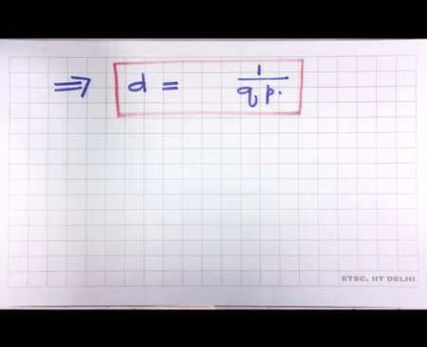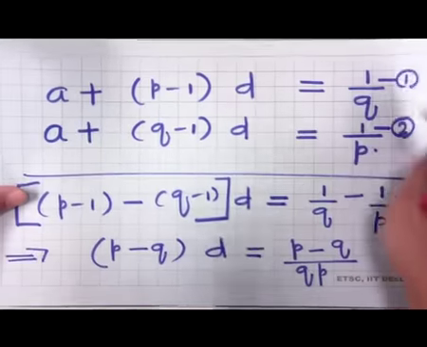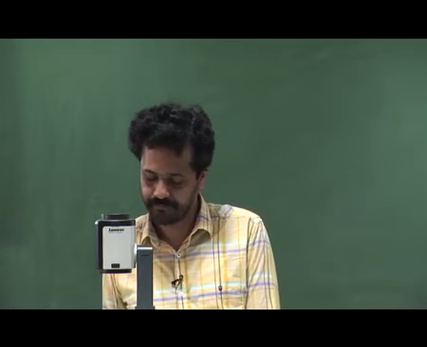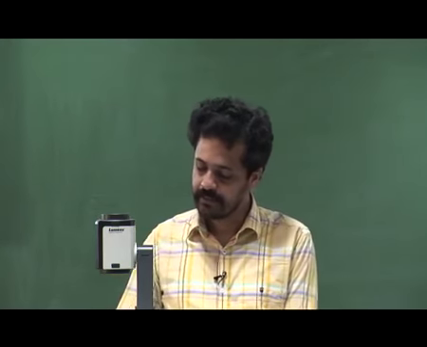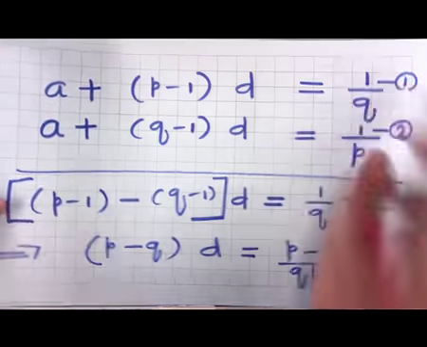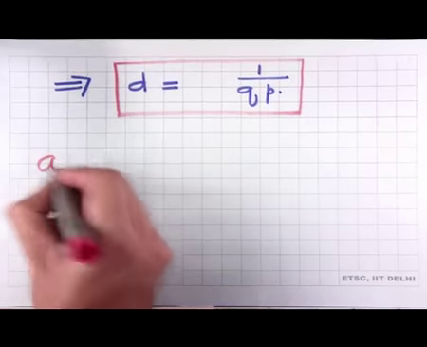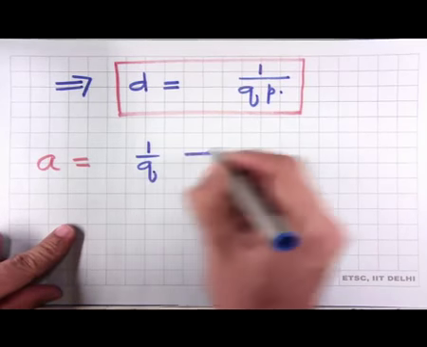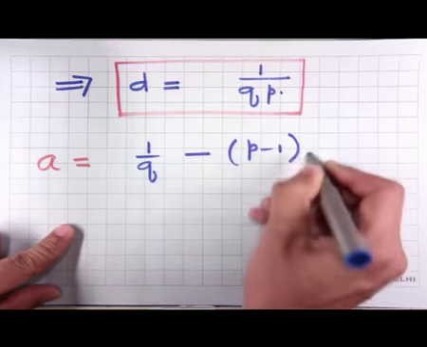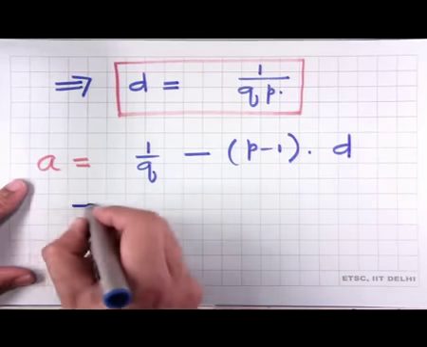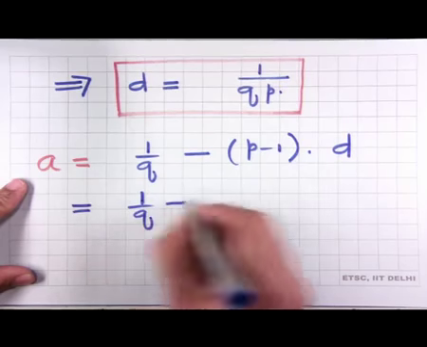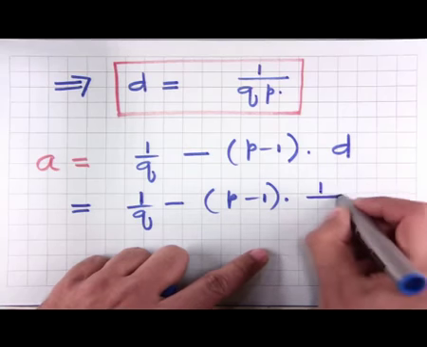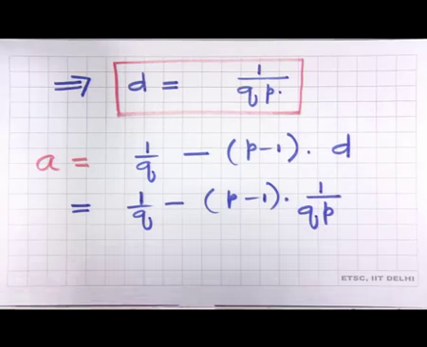Using this and one of these two equations, let us isolate the first term. Note that the first equation gives a equal to 1 by q minus p minus 1 into d, that is equal to 1 by q minus p minus 1 times d, which we found out to be 1 by qp.